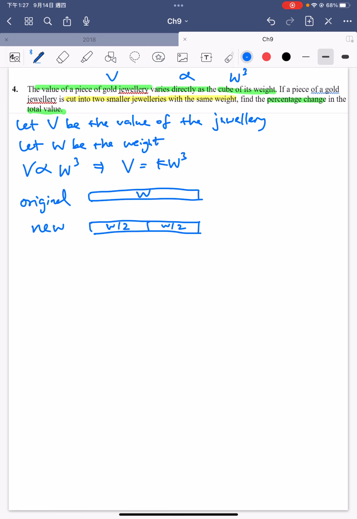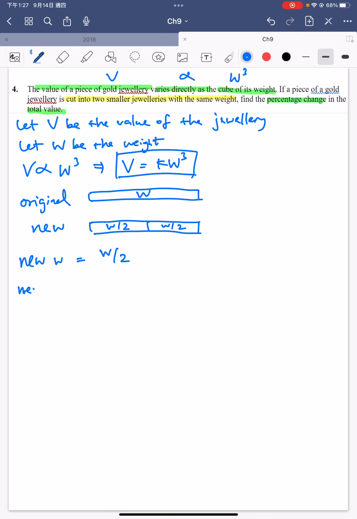So the old value is going to be V equal to K times weight to the power of 3. But after that, we cut it into two smaller jewelries with the same weight. Our new W becomes W over 2.